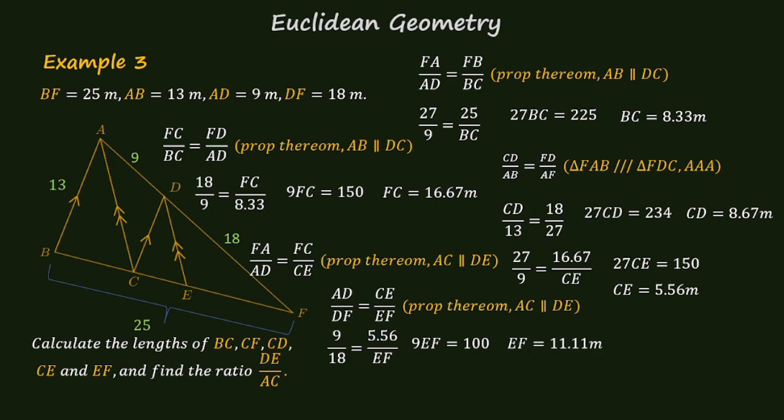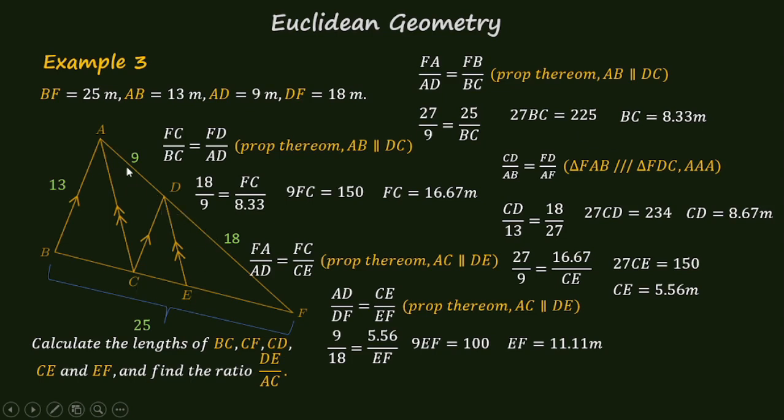And finally, to find the ratio DE over AC, we are going to use the same approach that we followed here of similar triangles. If you look at triangle FAC and triangle FDE, these two triangles will be similar using the same reasoning, because DE is parallel to AC.